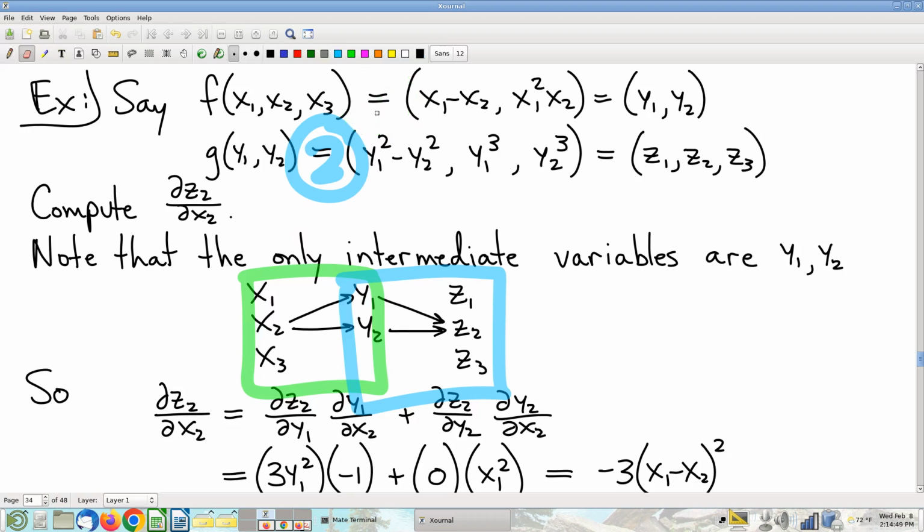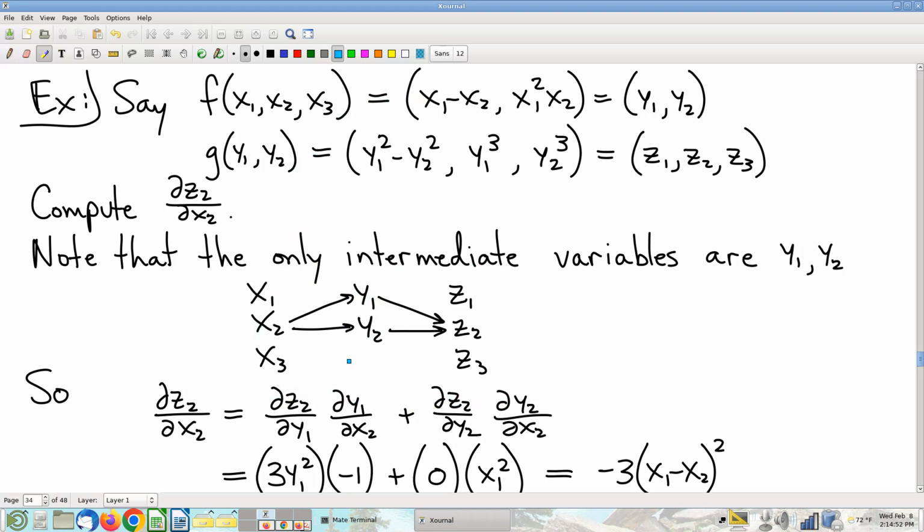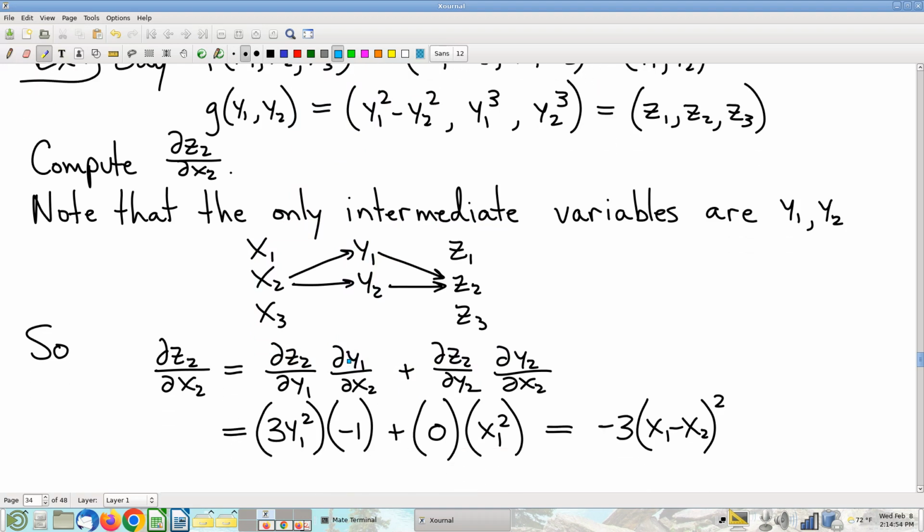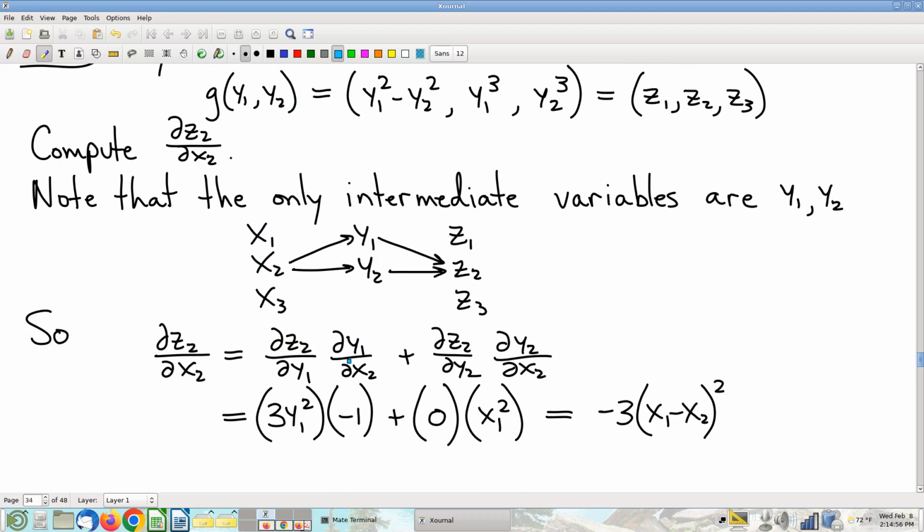All right. So I can now just look at this little diagram and answer the question that's been asked. Here's the question. I want to compute the partial of Z2. Hang on, Z2. There's Z2 on our diagram. I want to compute the partial with respect to X2.